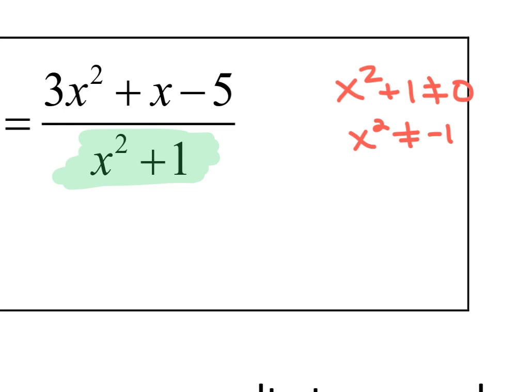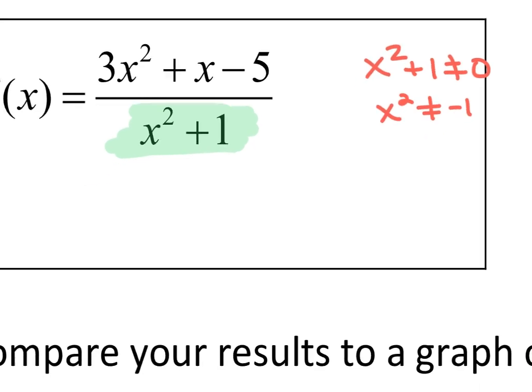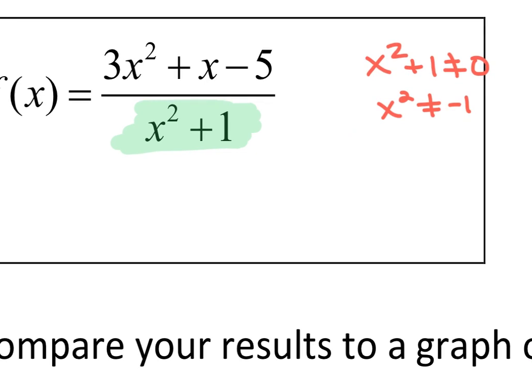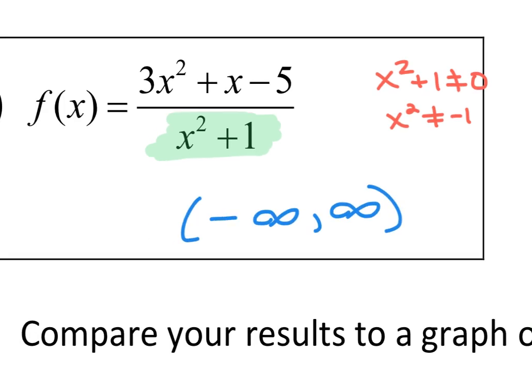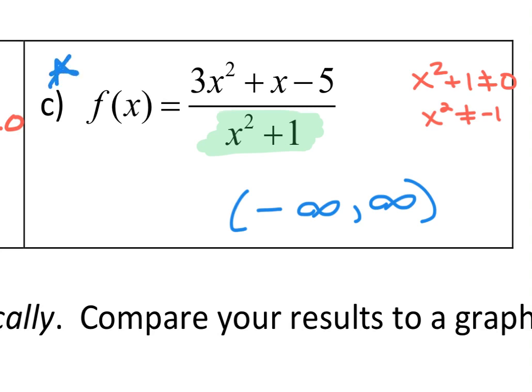And when we're looking at the domain, we're actually looking at the real domain, so we're not talking about anything that's imaginary, and therefore there's no number that would make x squared plus 1 equal to 0, only an imaginary number. There's no real number that would make x squared plus 1 equal to 0, and therefore my domain is going to be all real numbers. So double check that you understand that. Take a look at the graph of it.